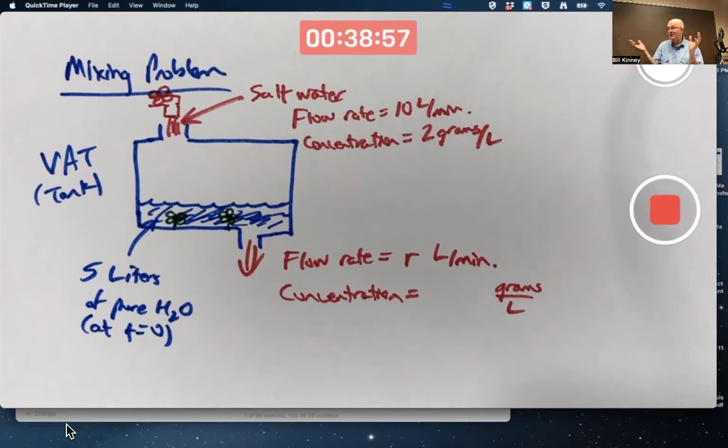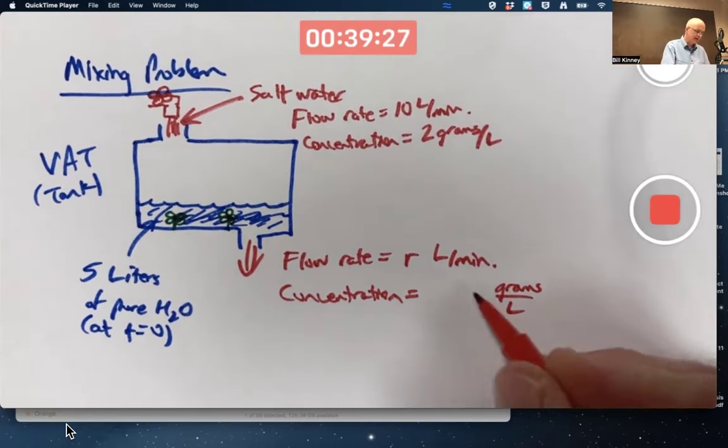Now the concentration changes, but at any moment in time, it's uniform. The molecules, NaCl to get my chemistry right, are all spread evenly in the water. And they don't affect the volume either, right? There are so few salt molecules compared to water molecules that the salt molecules don't affect the volume.